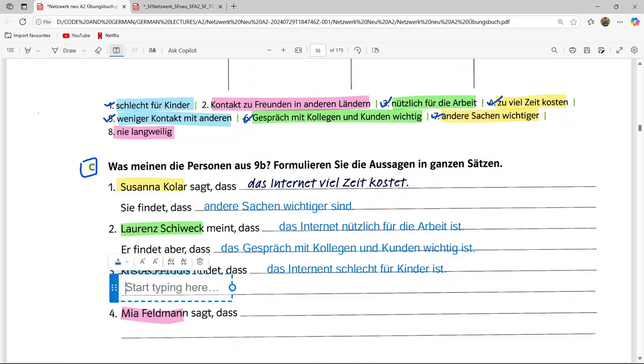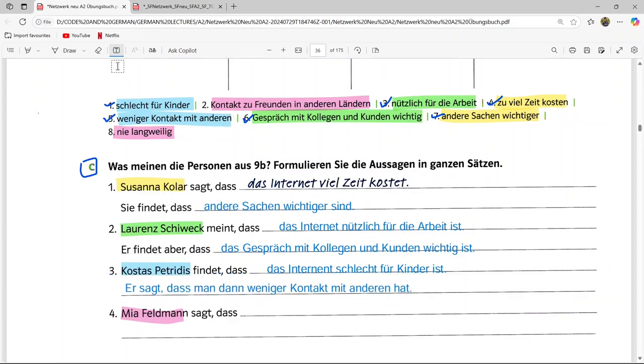So we can write like this. Sagt, dass man dann weniger Kontakt mit anderen hat. He also said that one has less contact with others.